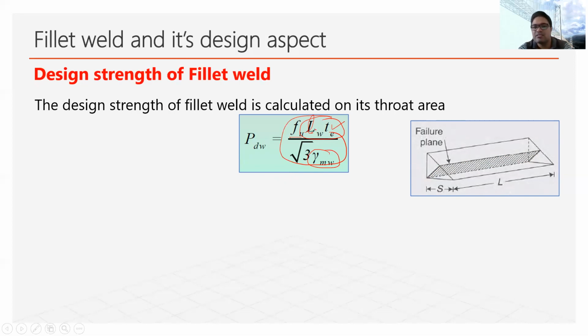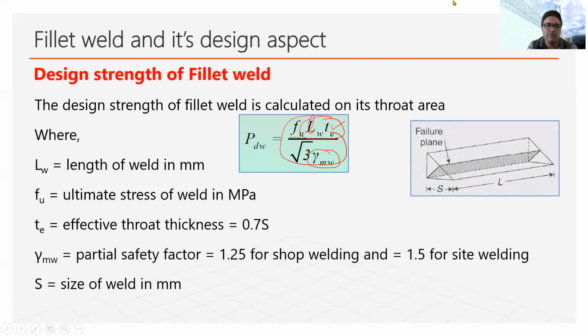So if weld connections are field connections, then this gamma Mw will be different. If it is shop connections, then it will be different. So it is as per the IS code. Here we can see the partial safety factor is 1.25 if the welding is done in the shop. Why? Because in shop welding, the quality control of welding is good, so we can take less safety factor.